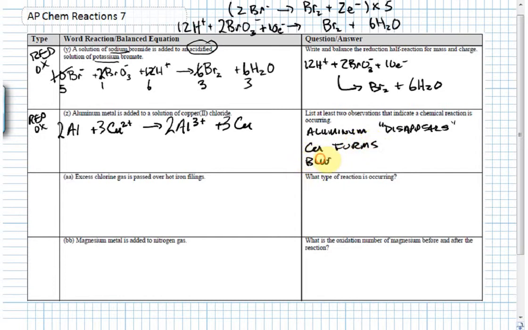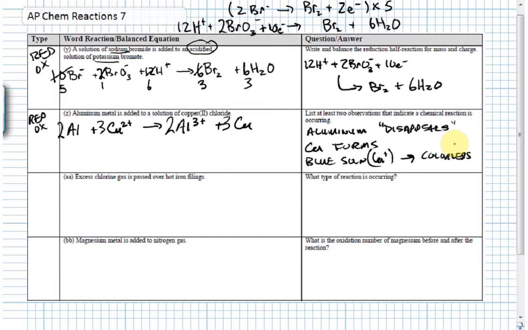Blue solution containing the copper plus 2 goes colorless. Okay, so there's 3 observations.